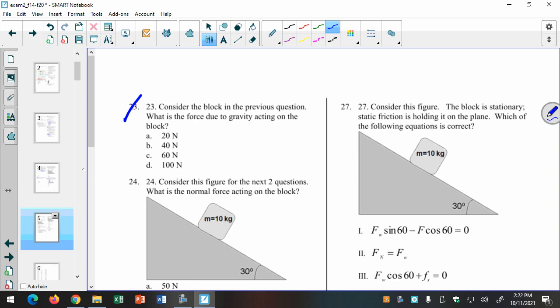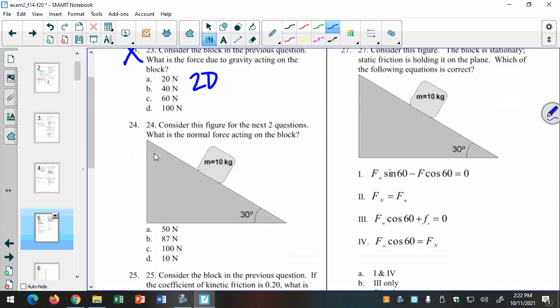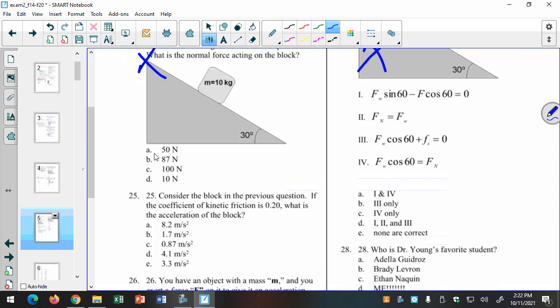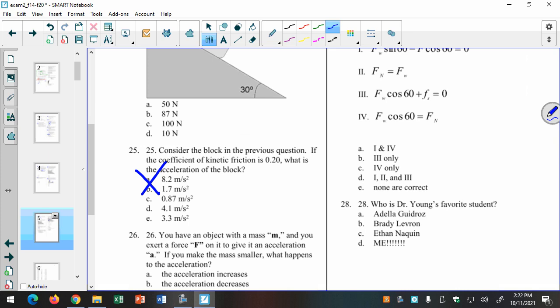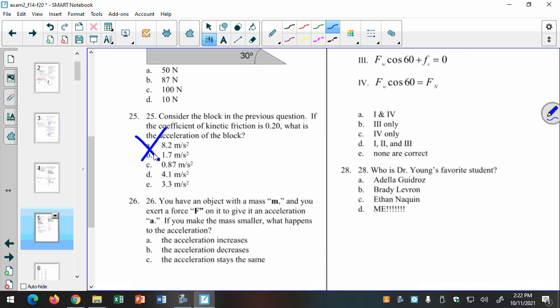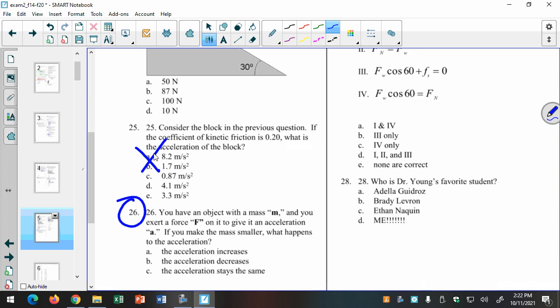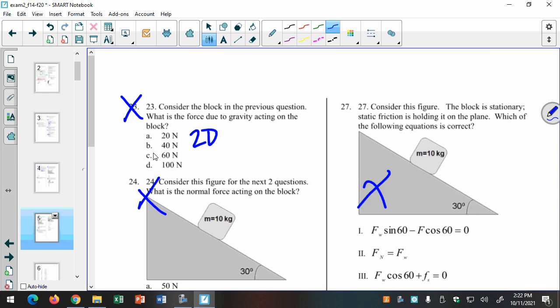Number 23 was a 2D problem. Not this one, not this one, not this one, because it's a holdover of 24. And 26 is looking at F equals ma. So that's sort of a flavor for it. In a bit, we can look at some other exams, and I'll give you a flavor for those. But this is the fall 20 exam.